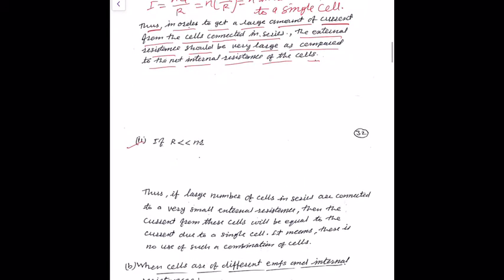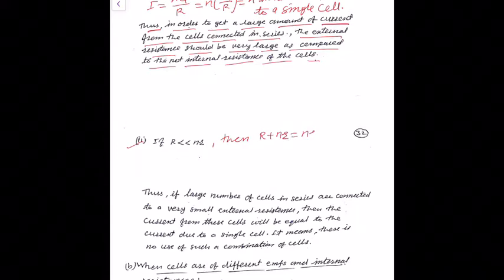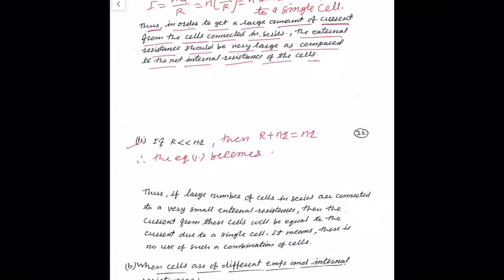Next, second condition: if R is very much less than nr, then R plus nr is equal to nr. Therefore equation first becomes I equal to nE upon nr, or E upon r.